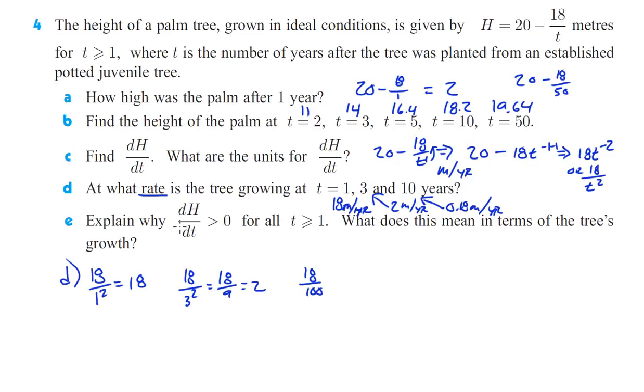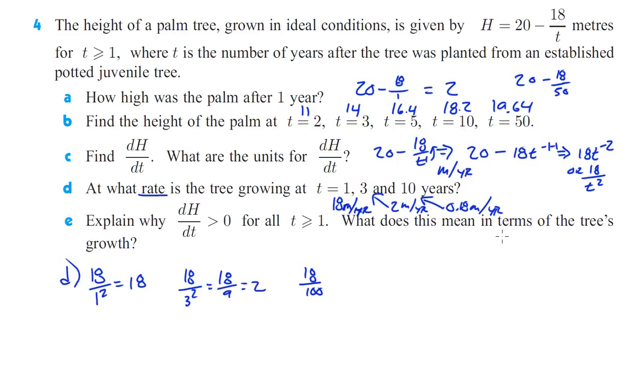Okay, so explain why the dh over dt has to be greater than 0 for all t greater than or equal to 1. Okay, so again, the derivative here is going to have to end up being greater than 0, well, one, because we're figuring out that this is a growing tree. The tree's not going to grow negatively, right?